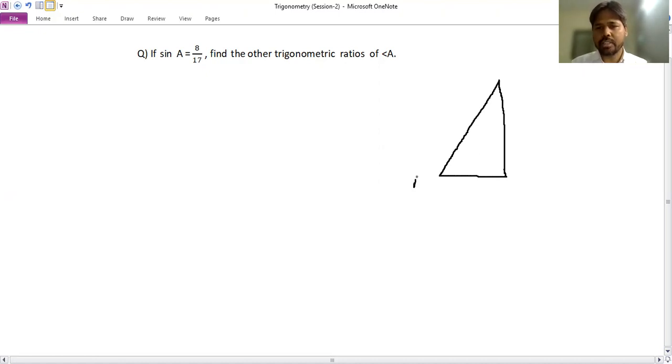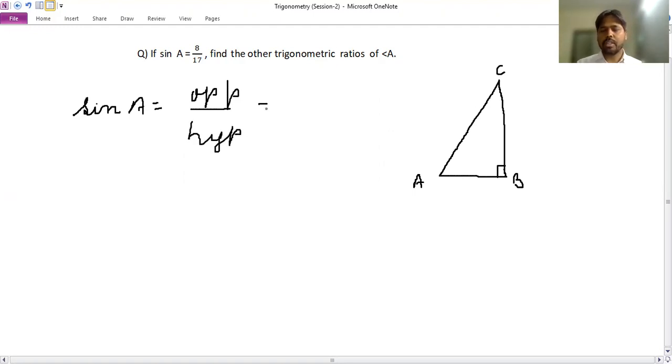Let's assume that this is the angle A, this is the angle B, and we know that the angle at B is 90°, and obviously this is going to be angle C. For the given convention, sine of any angle A can be denoted as opposite upon hypotenuse in its ratio.